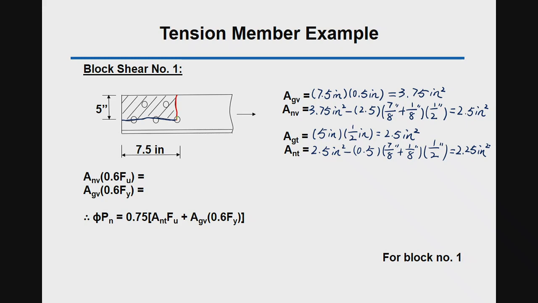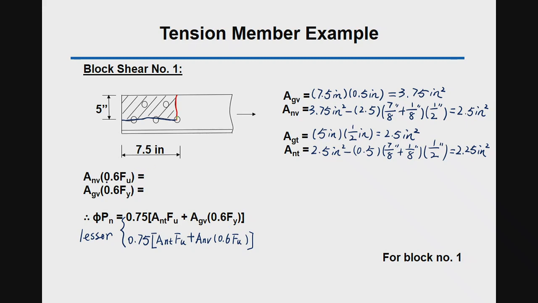So recall the block shear is the lesser of 0.75 of this item, and 0.75 times ANT FU plus ANV times 0.6 FU, right? So you want to compare these two items.